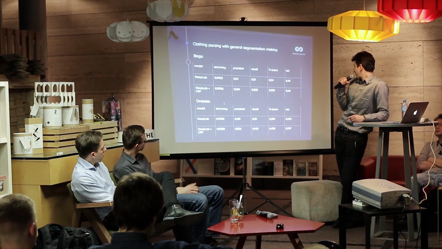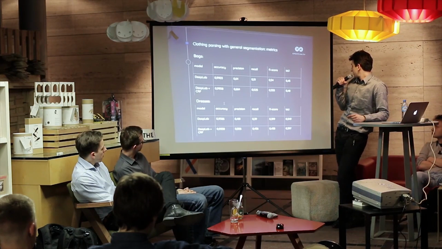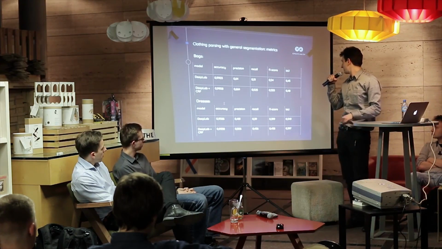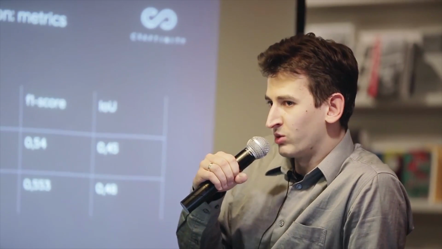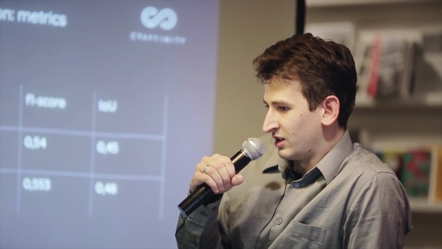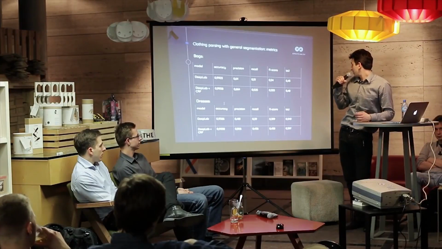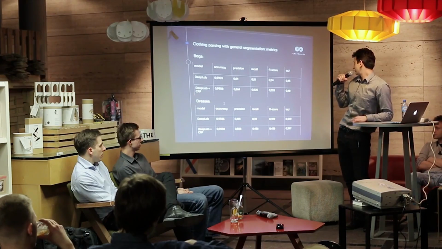But in segmentation, the better metric is the so-called intersection over union. It measures how well our prediction intersects with the ground truth mask.